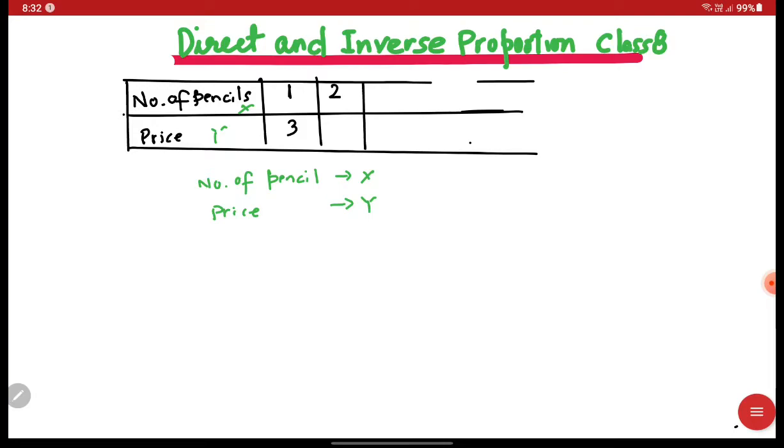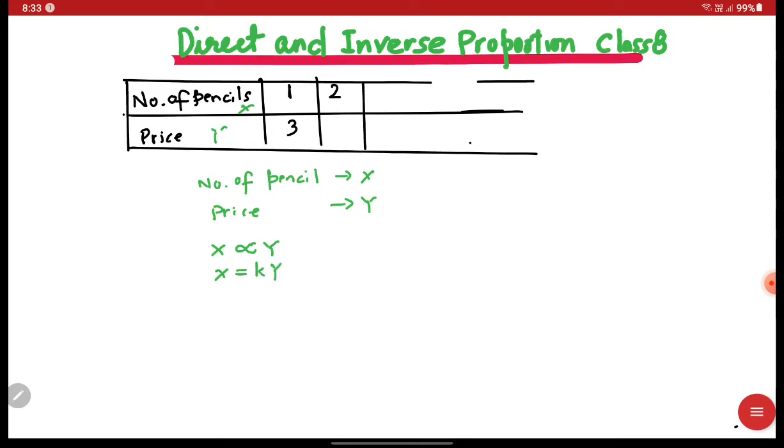Now when x is directly proportional to y, I'm just writing, x is directly proportional to y. When we want to remove this sign of proportion, we have to put a constant here.